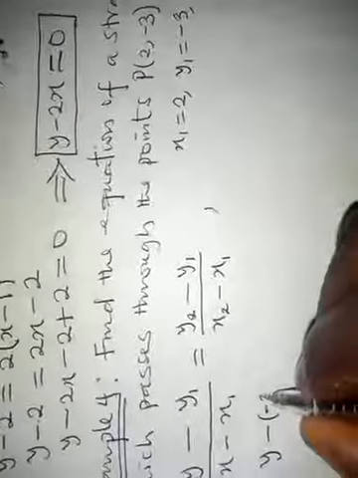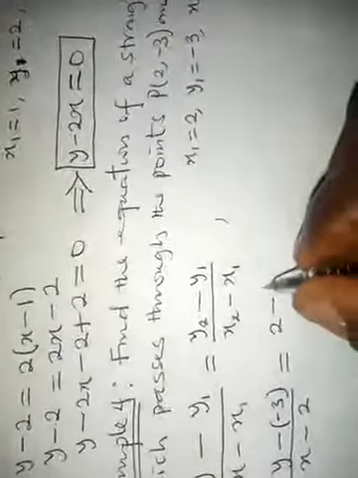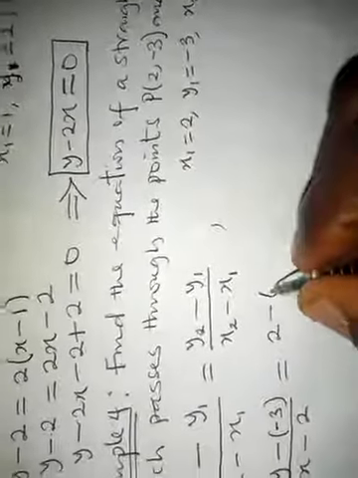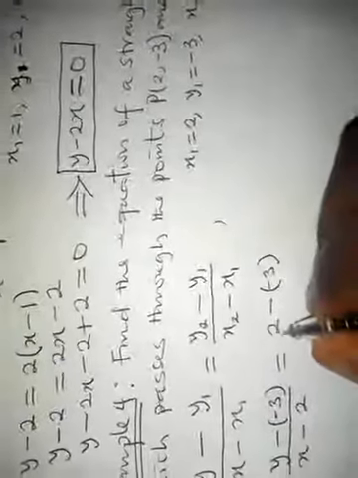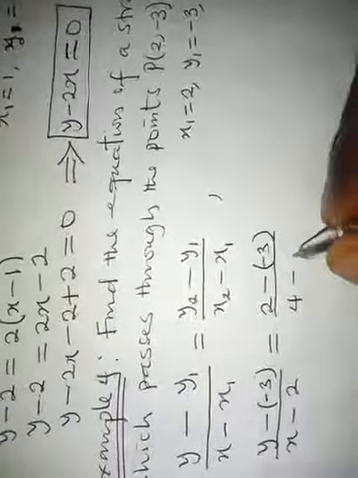So we put this -3 over x minus x1, which is 2, is equal to y2, which is 2, minus y1, which is -3, all divided by x2, which is 4, minus x1, which is 2.